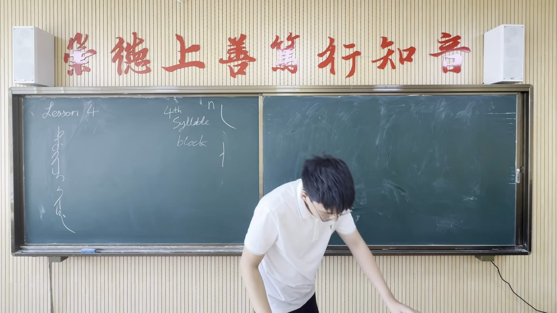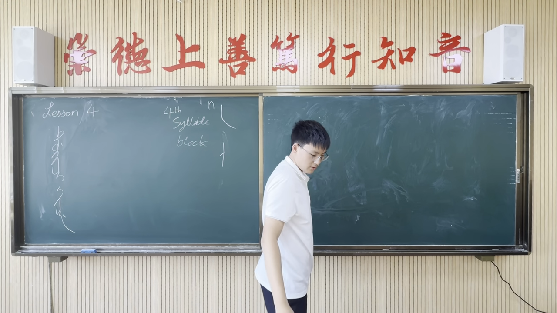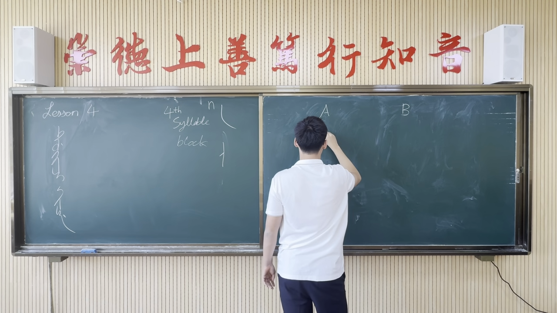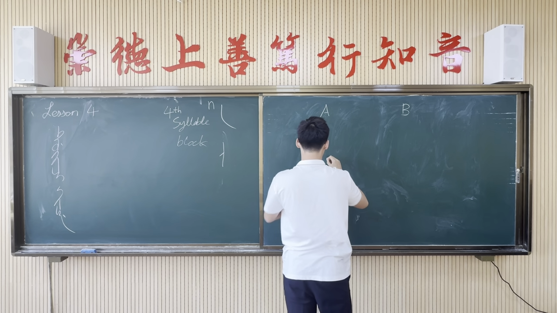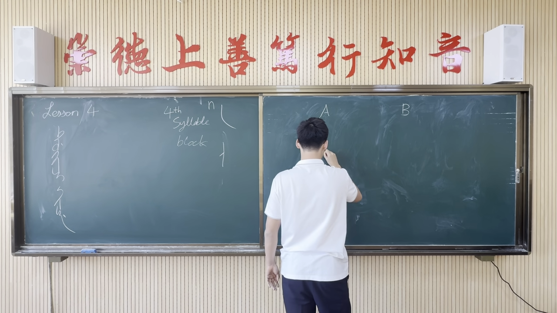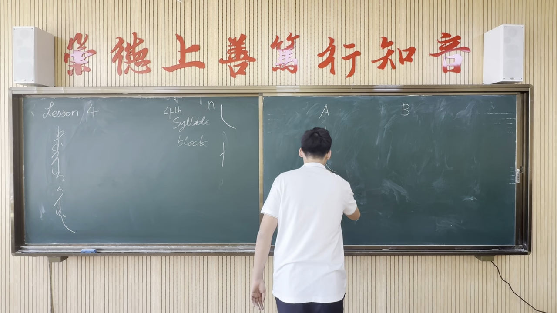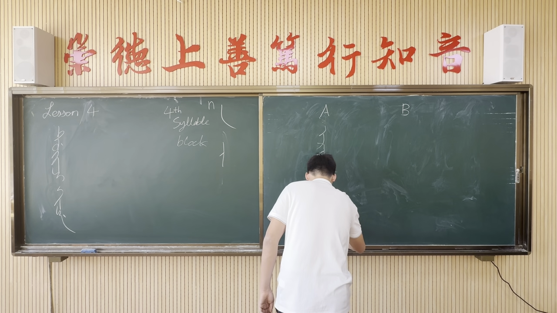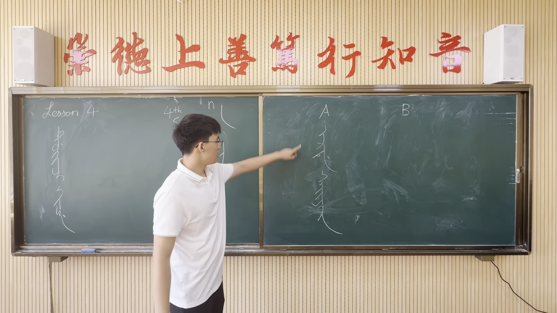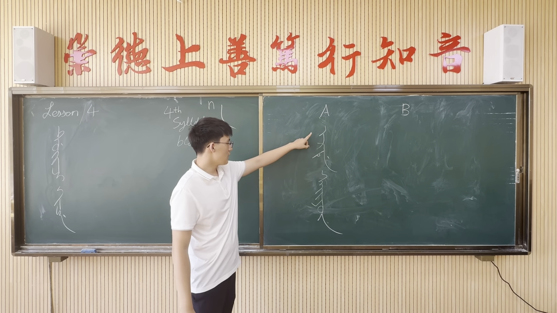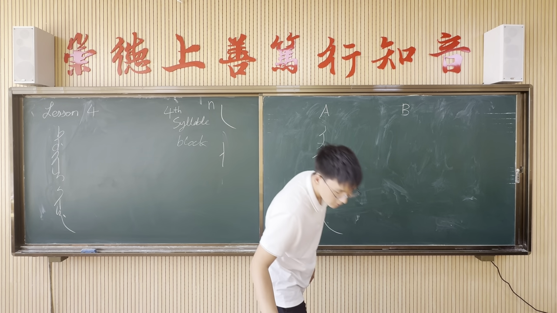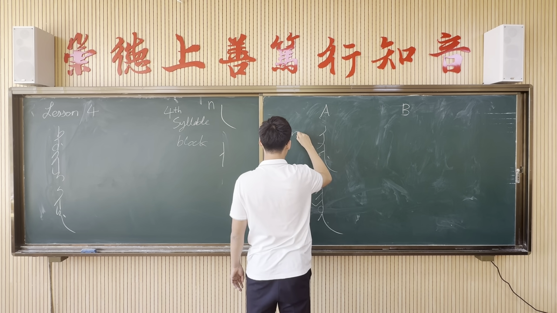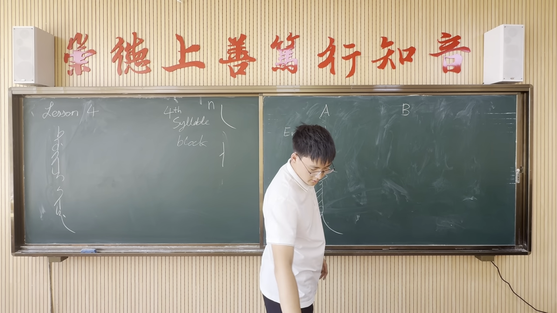Okay. So we have person A and person B. Person A says, sayun. Now, means early morning.